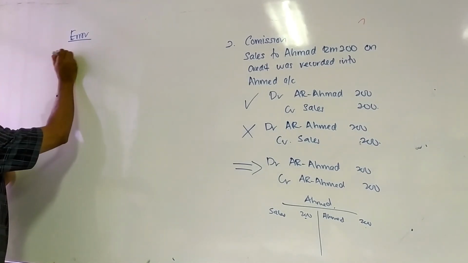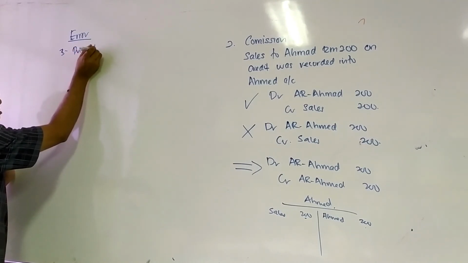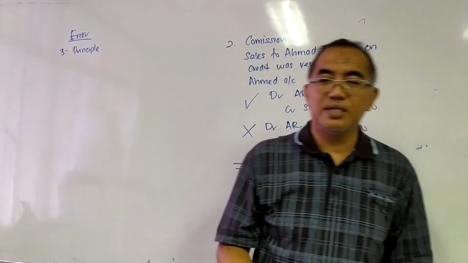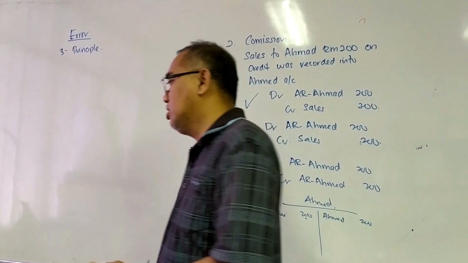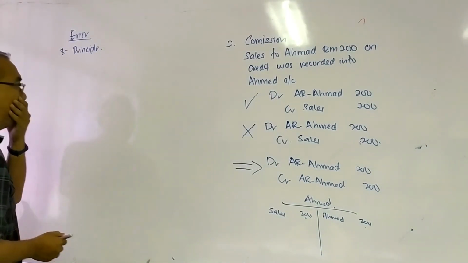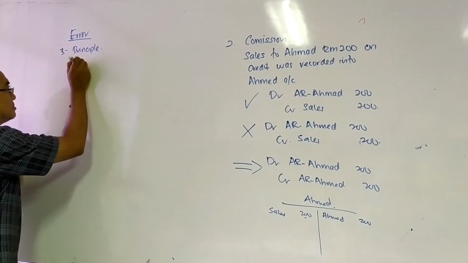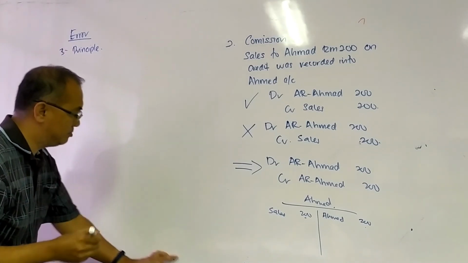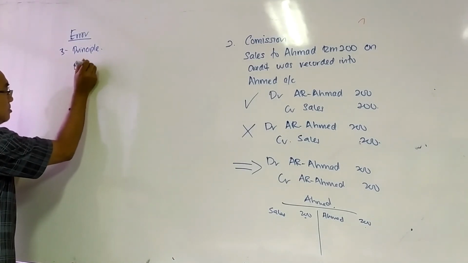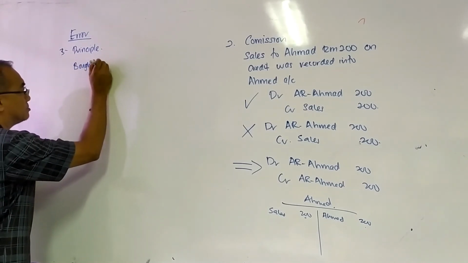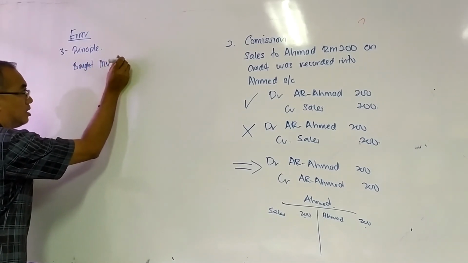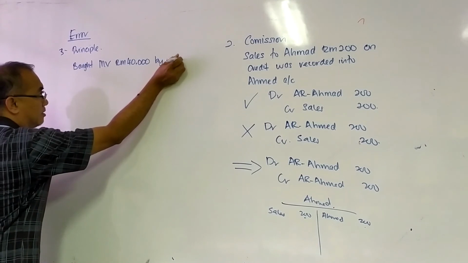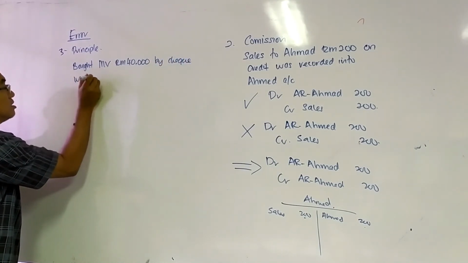Principle. By principle, it is wrong. So, for example: bought motor vehicle RM 40,000 by check.